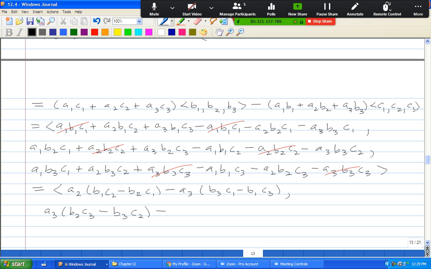So minus, that's got to get an A sub 2, no, A sub 1. I'm at the second one, so I skipped 2. It's A1. Okay, so that's got to be a B2 C1 minus, I'm getting rid of that, B1 C2. Okay, so I skip 1, 2, 3, so I want a 1 and a 2.